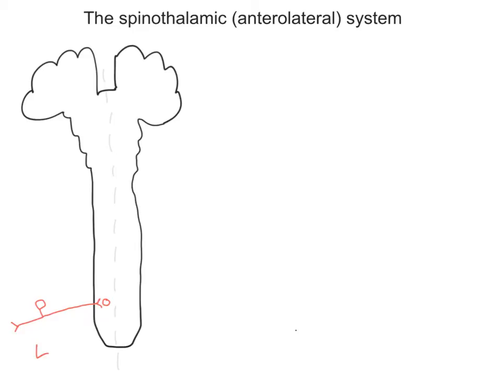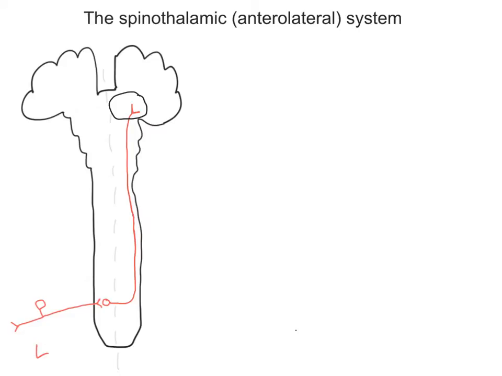So here is our second order neuron crossing the midline and ascending through the cord up into the brainstem and then into the thalamus. So we just draw the thalamus on here. Okay. So there's our second order neuron.